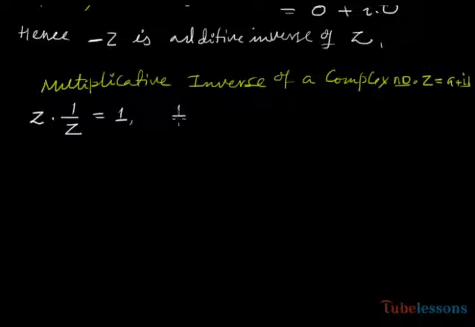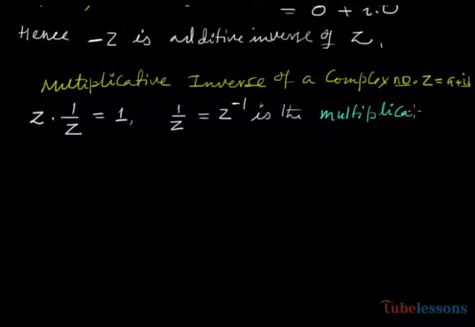Then 1 by Z can be written as Z to the power minus 1, which is the multiplicative inverse of Z. Now, when Z is given, how will you get the multiplicative inverse of Z?